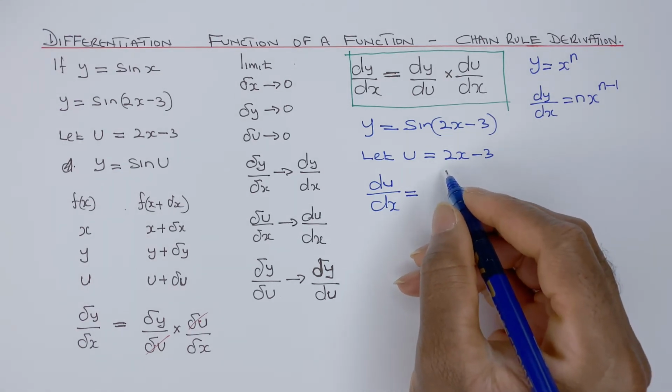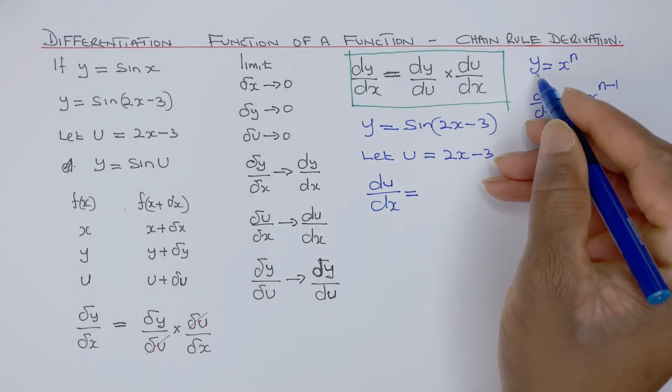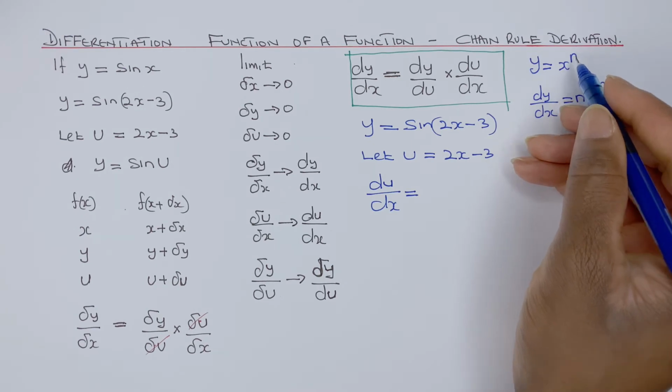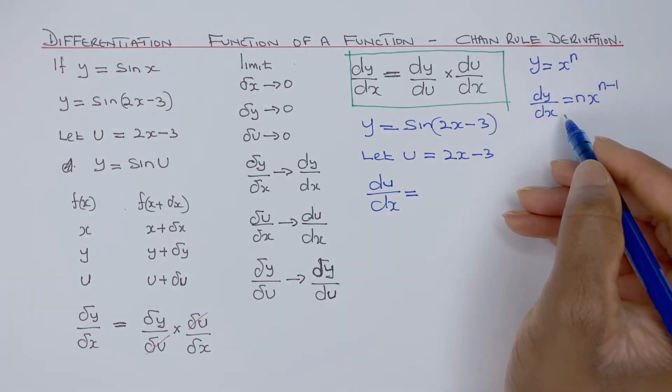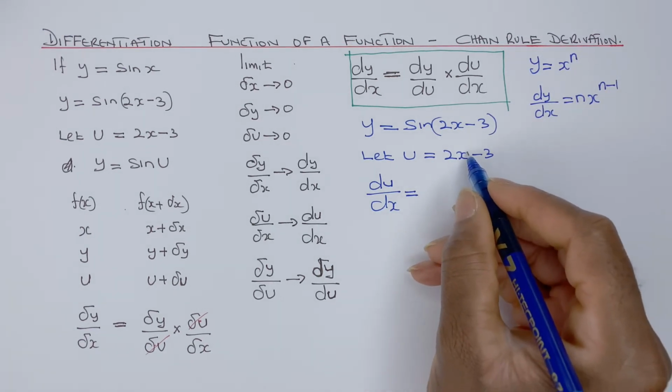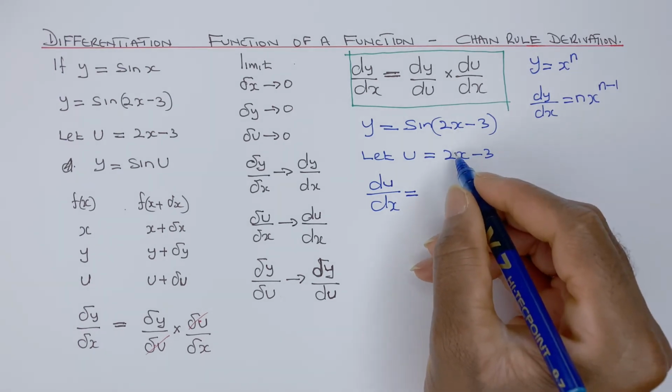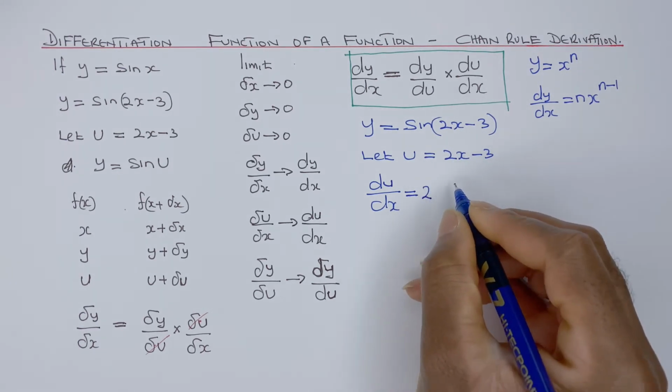In this case, we have u equals x to the power of n. Therefore, du dx equals n. So n here is 1. So 1 times 2 is 2.